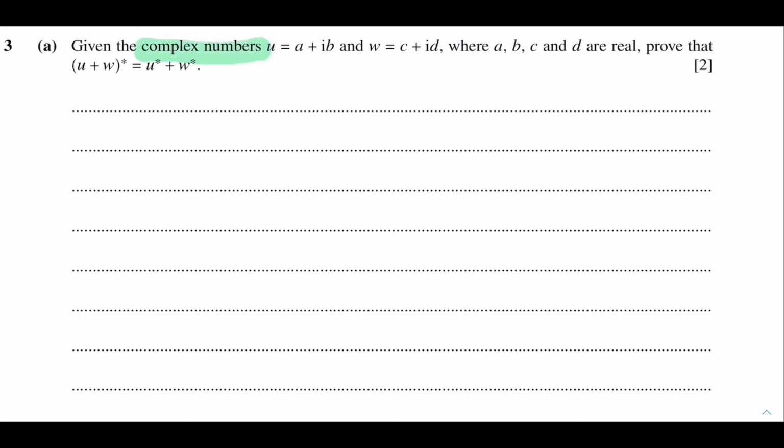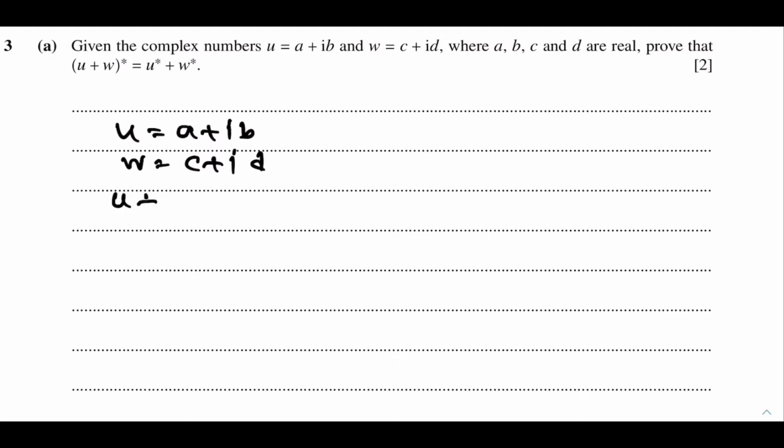Complex numbers are u equals a plus ib, w equals c plus id, where a, b, c, d are real. Show that the complex conjugate of u plus w equals the conjugate of u plus the conjugate of w. u equals a plus ib, w equals c plus id.